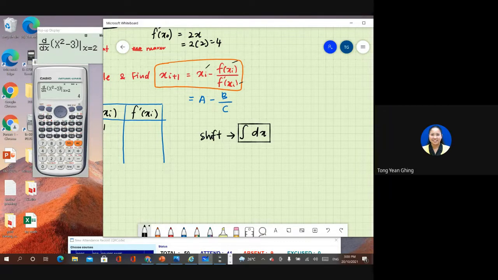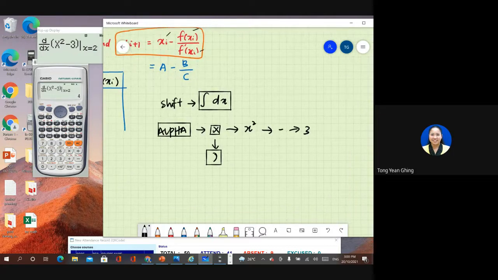And then you type alpha, alpha tutup kurungan tu lah. Lepas tu alpha x, that means this symbol. Okay, alpha x and then square and then minus and then 3.